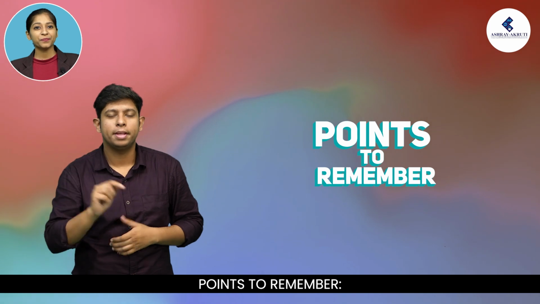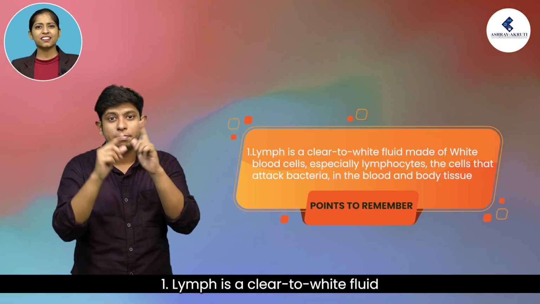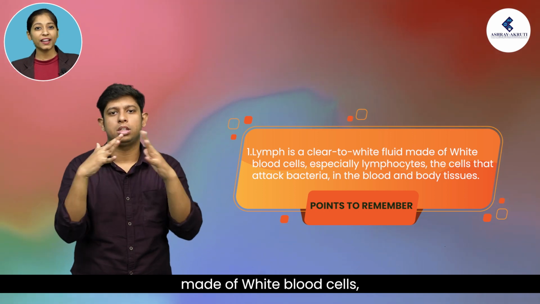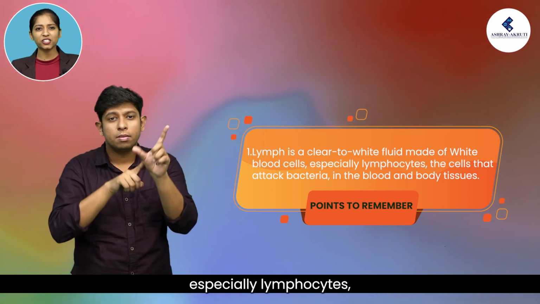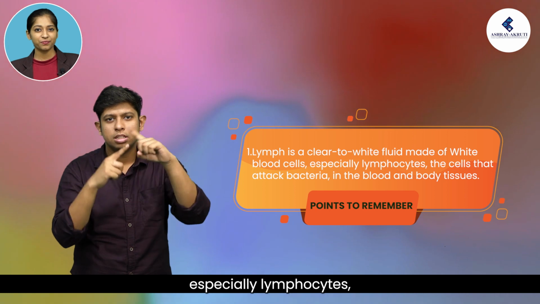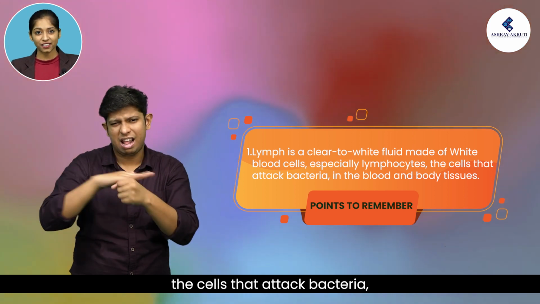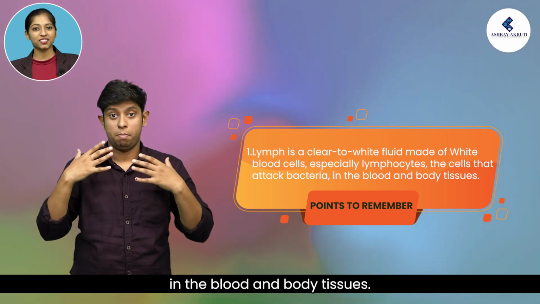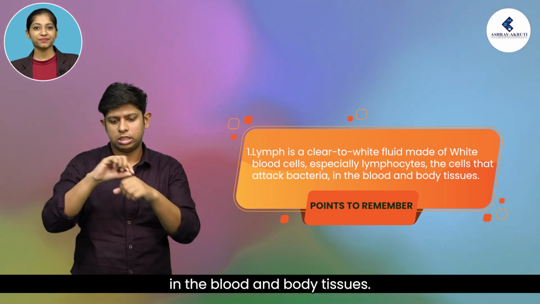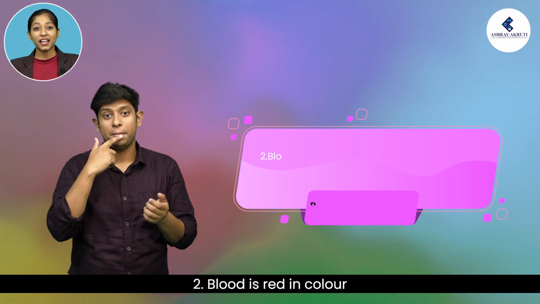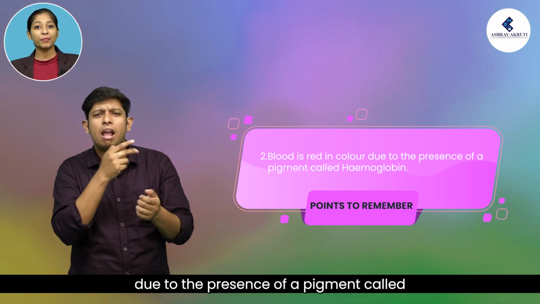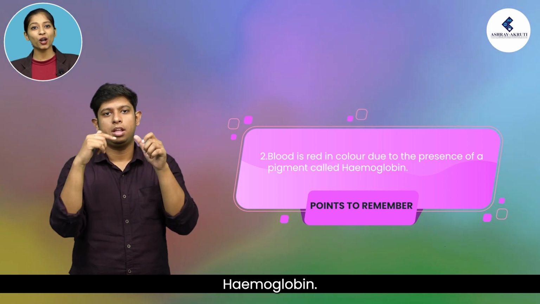Points to remember. Lymph is a clear to white fluid made of white blood cells, especially lymphocytes, the cells that attack bacteria in the blood and body tissues. Blood is red in color due to the presence of a pigment called hemoglobin.